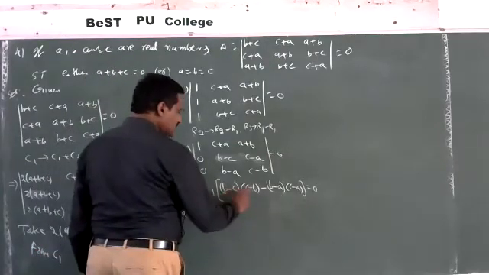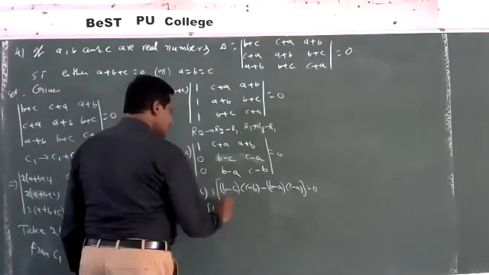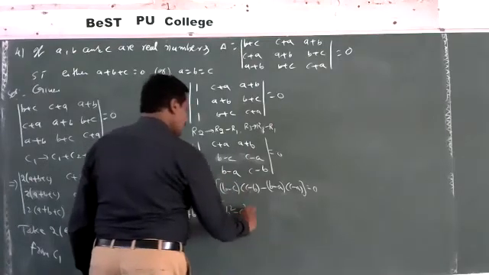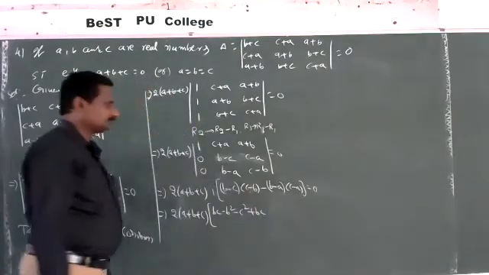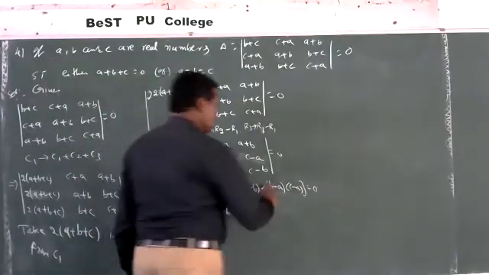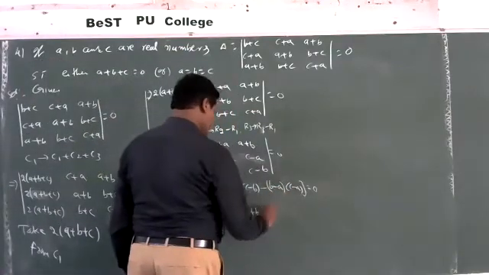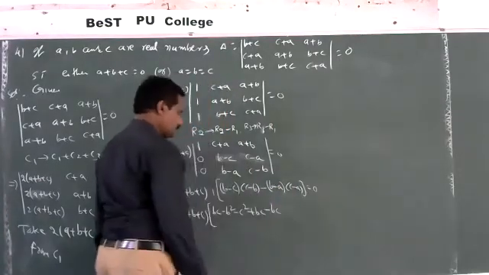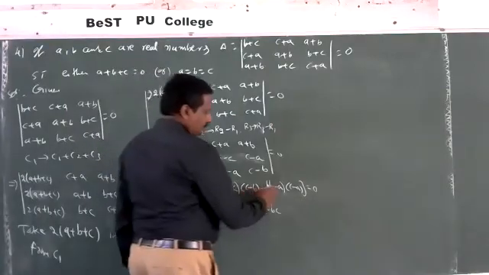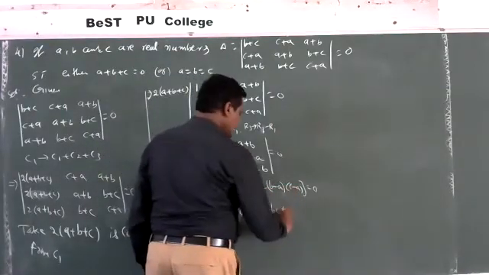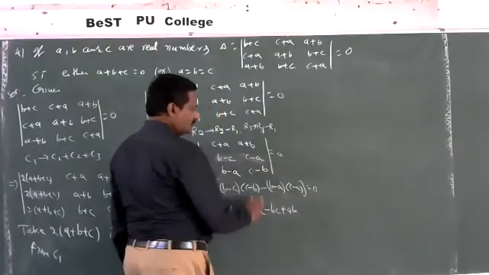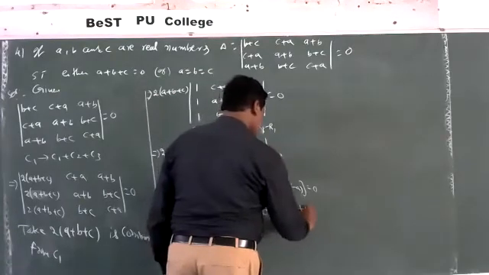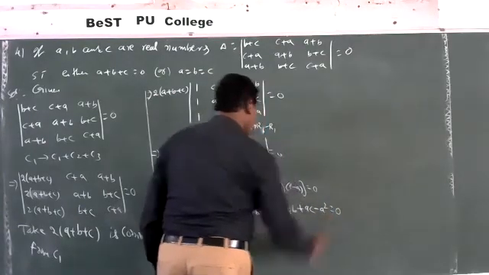Here if you multiply these, it is bc minus b square minus c square plus bc. Next multiply these two: minus bc, minus into plus plus ab, next plus into minus plus ac, minus a square equal to 0.